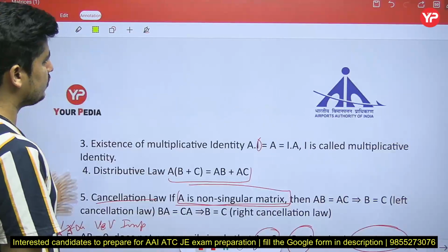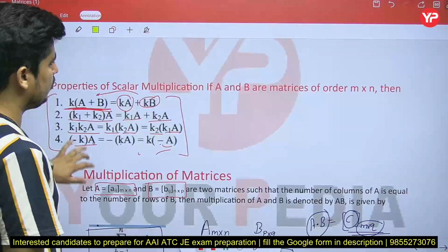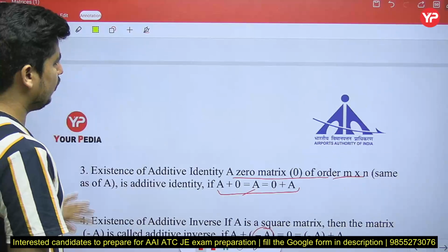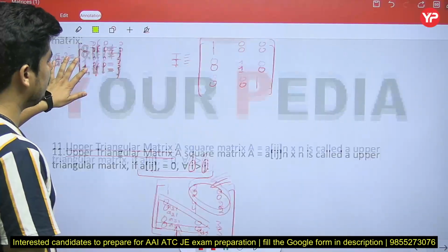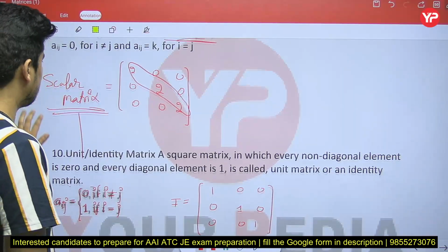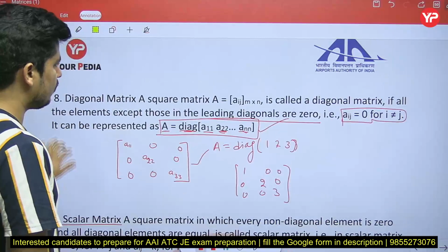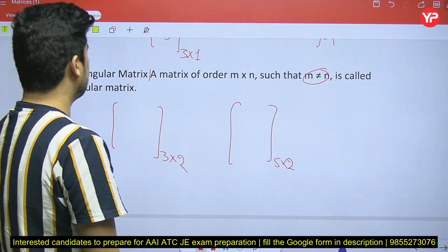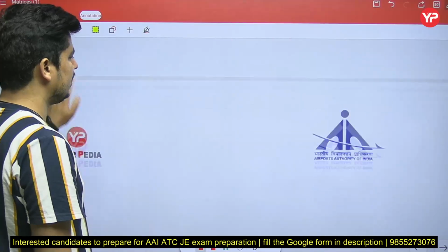These are the questions which may be asked in the airport authority exam and past exams, as I already discussed. Just follow these things. Matrix is the most important topic, and the theory part is mostly asked, like matrix addition and subtraction.